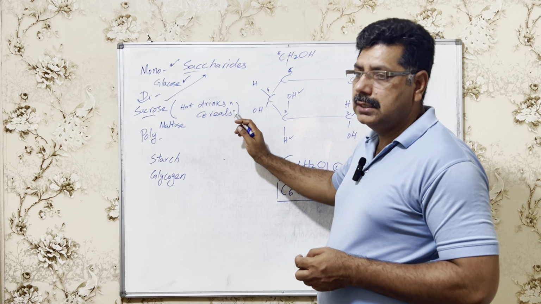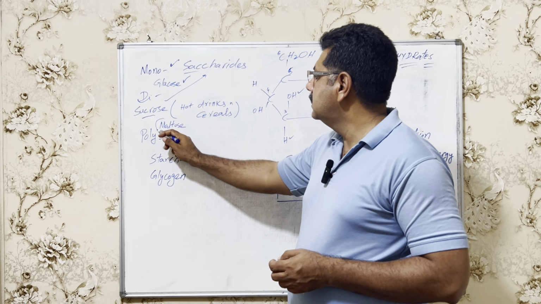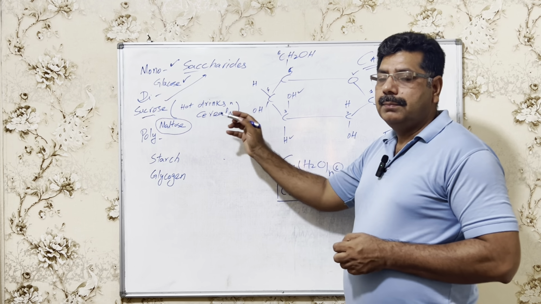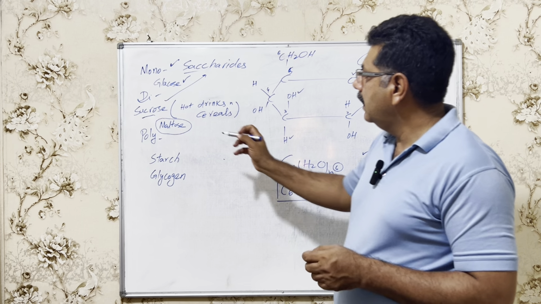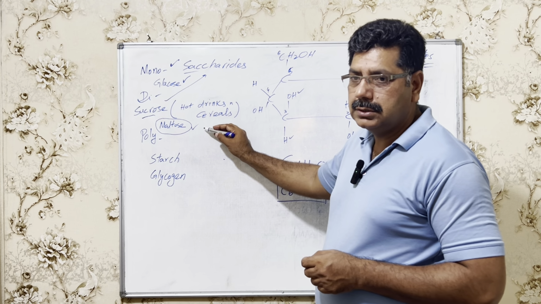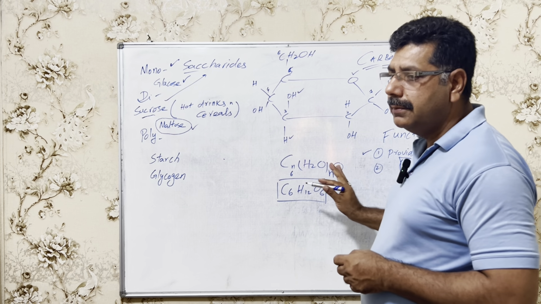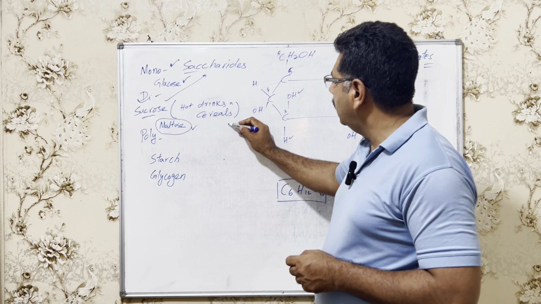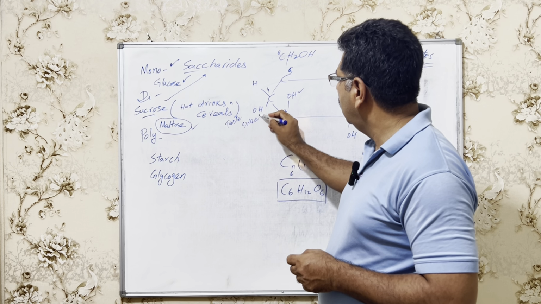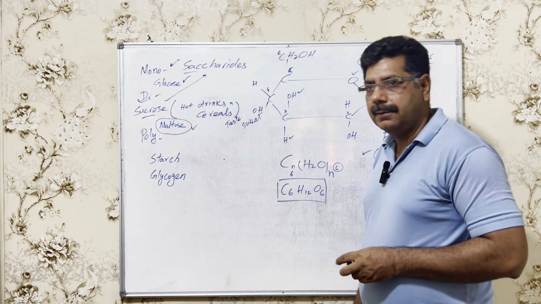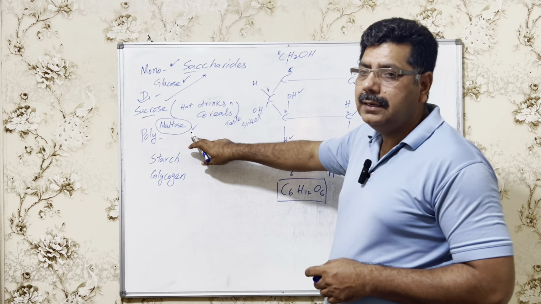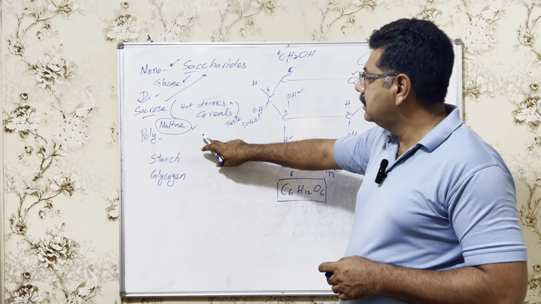Another example is maltose. 2 glucose combined together give rise to another disaccharide, maltose. It's less sweet than glucose, but the taste is still sweet. So the examples are sucrose and maltose or malt sugar.